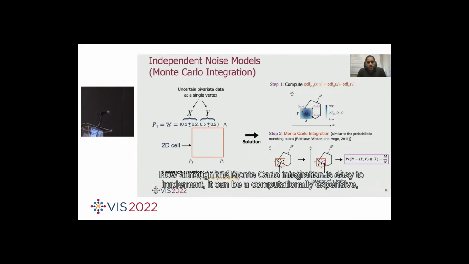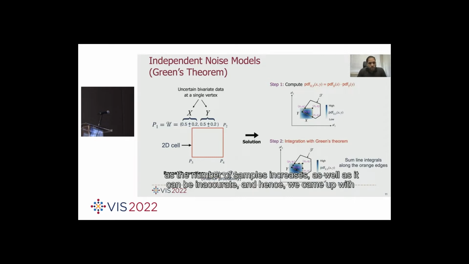Now, although Monte Carlo integration is easy to implement, it can be computationally expensive as the number of samples increases, as well as it can be inaccurate. And hence, we came up with a Green's theorem solution to compute interior probability in closed form. In the Green's theorem approach, essentially we compute the line integral of the joint density along the edges of the orange polygon, and sum the line integrals as we traverse the edges in a counterclockwise fashion.